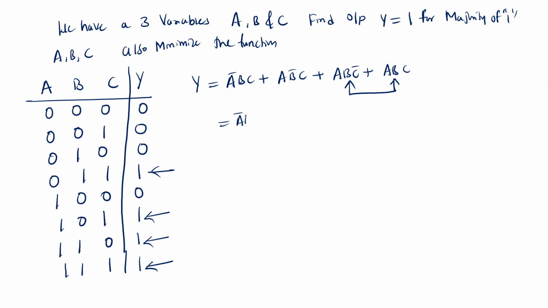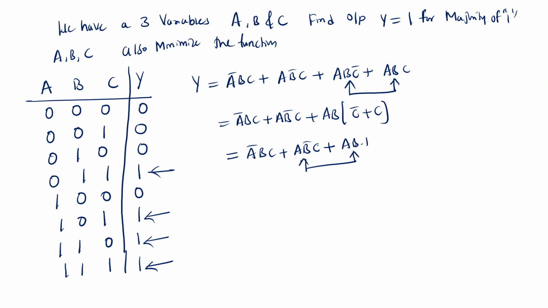So a bar bc plus a b bar c plus, if I take ab common, what am I getting? c bar plus c, which is 1, so ab. And from these two you take a common: a bar bc plus, if you take a common, b bar c plus b.